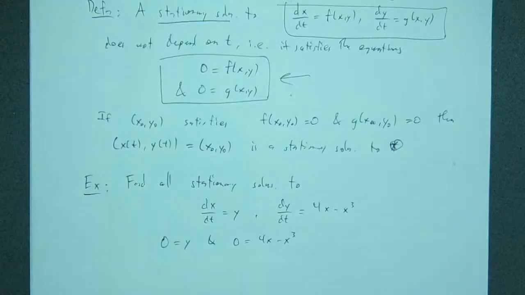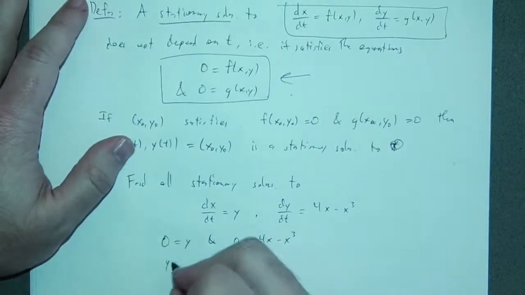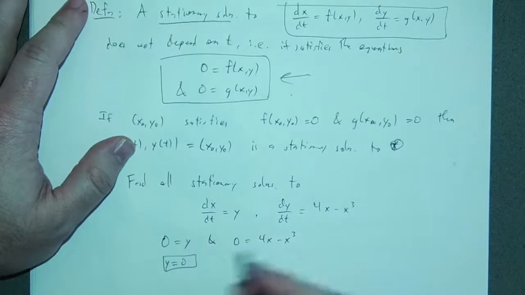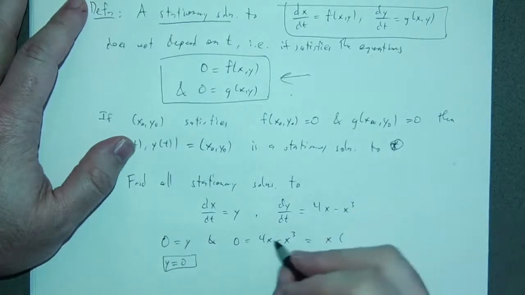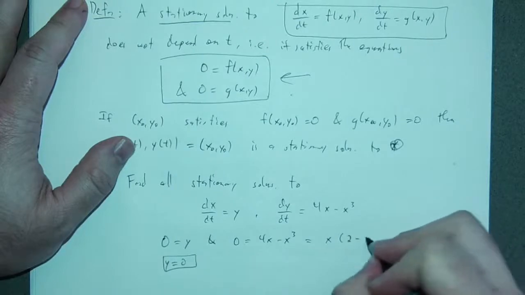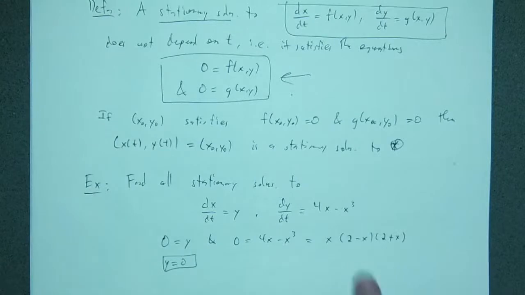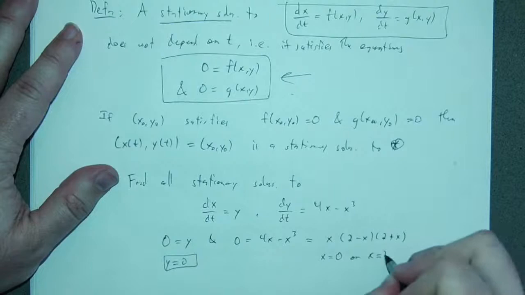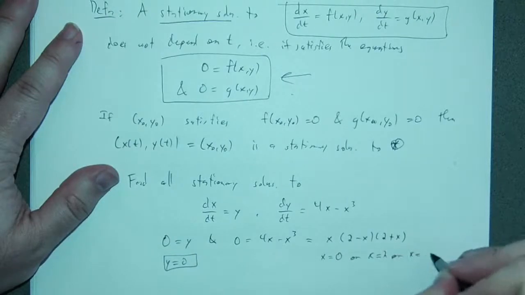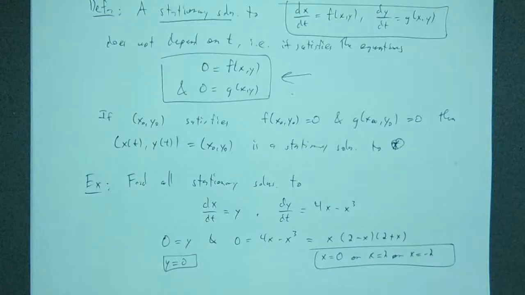Okay. Now, this y equals 0 is one thing, but this has multiple solutions, so I can rewrite this as x times, factoring again, 2 minus x, 2 plus x. Alright, and so x is equal to 0, or x is equal to 2, or x is equal to minus 2. Those are the three things I get here. Y always has to be 0 from this. So what stationary solutions do I get?